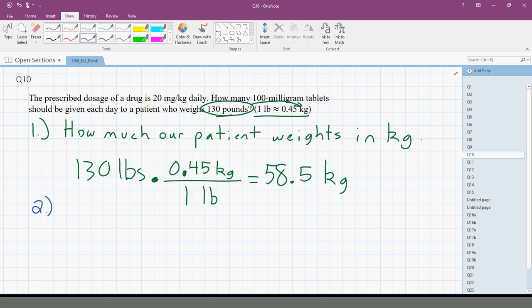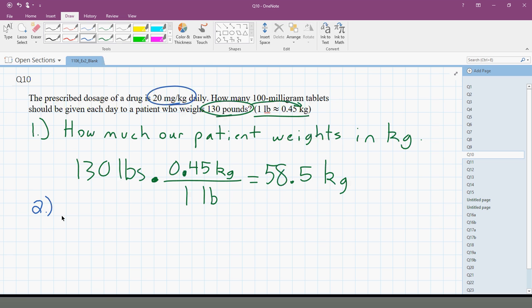All right, so yes, that's this guy right here. And this is the part that tripped me up because I wasn't thinking about it clearly. I always wanted to take that 100 milligrams. But I can't do anything with milligrams and this guy because they're not the same. That's what this 20 milligrams over kilograms is. That's a conversion for us.